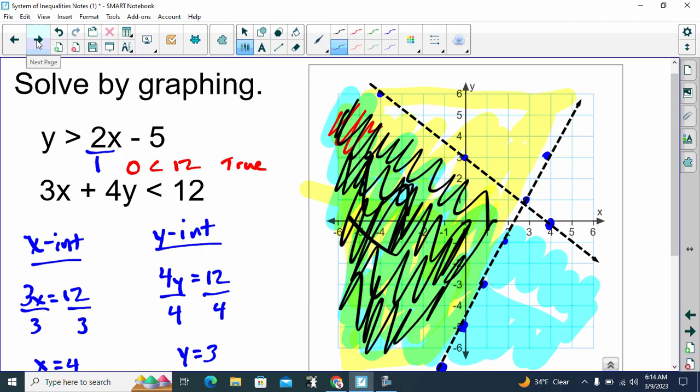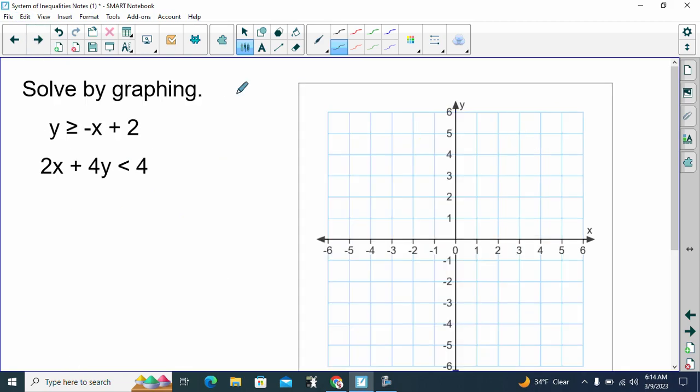Example 2 is a similar problem. We have y is greater than or equal to negative x plus 2, and 2x plus 4y is less than 4. First inequality, slope-intercept form, y-intercept's 2. Slope is negative 1.